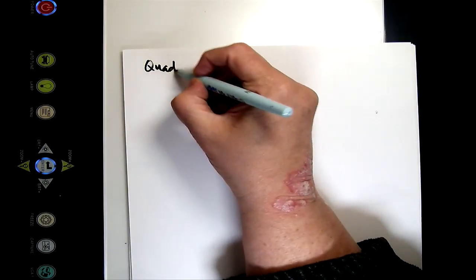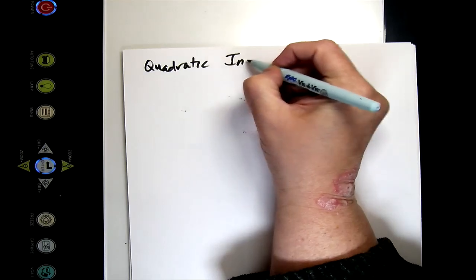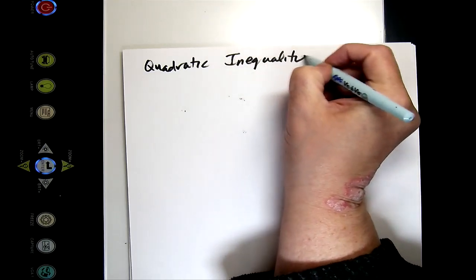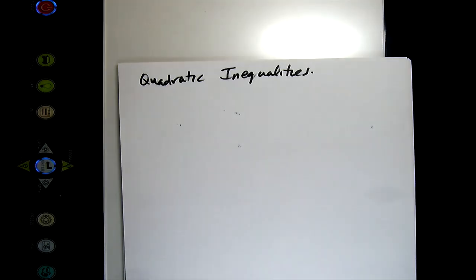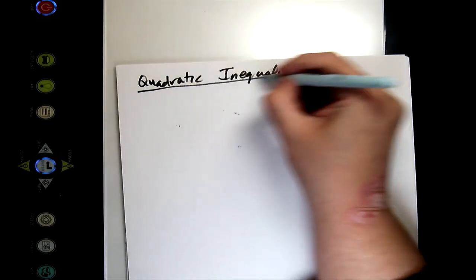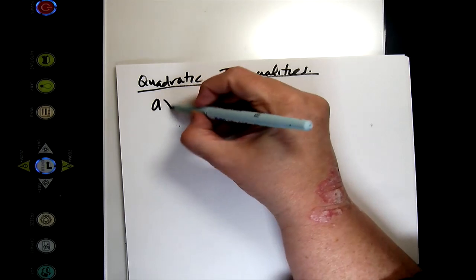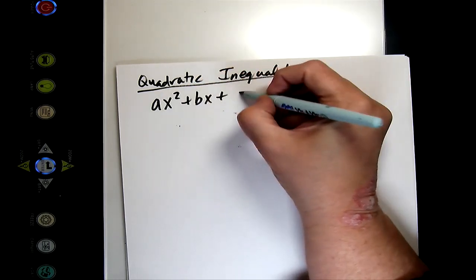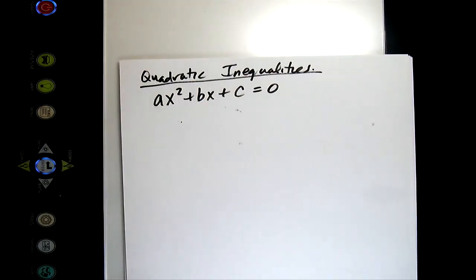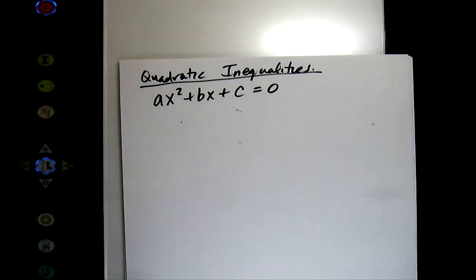All right, so let's kick it up a notch. Let's do quadratic inequalities. This has a little flavor to it. We want to get the equations down to ax squared plus bx plus c equals 0, preferably by factoring because it's easier.